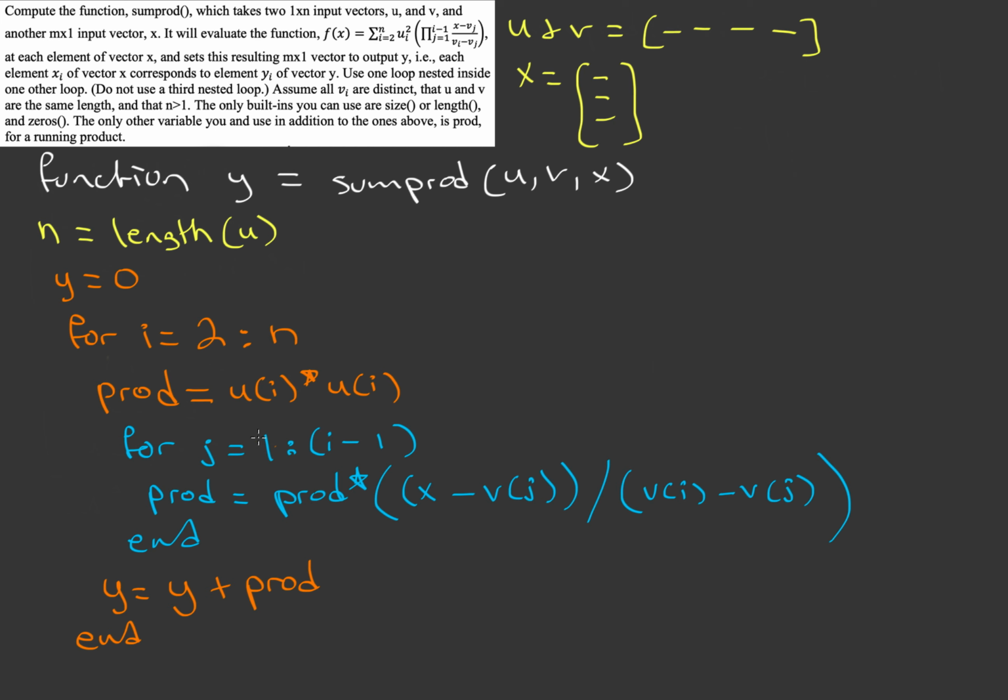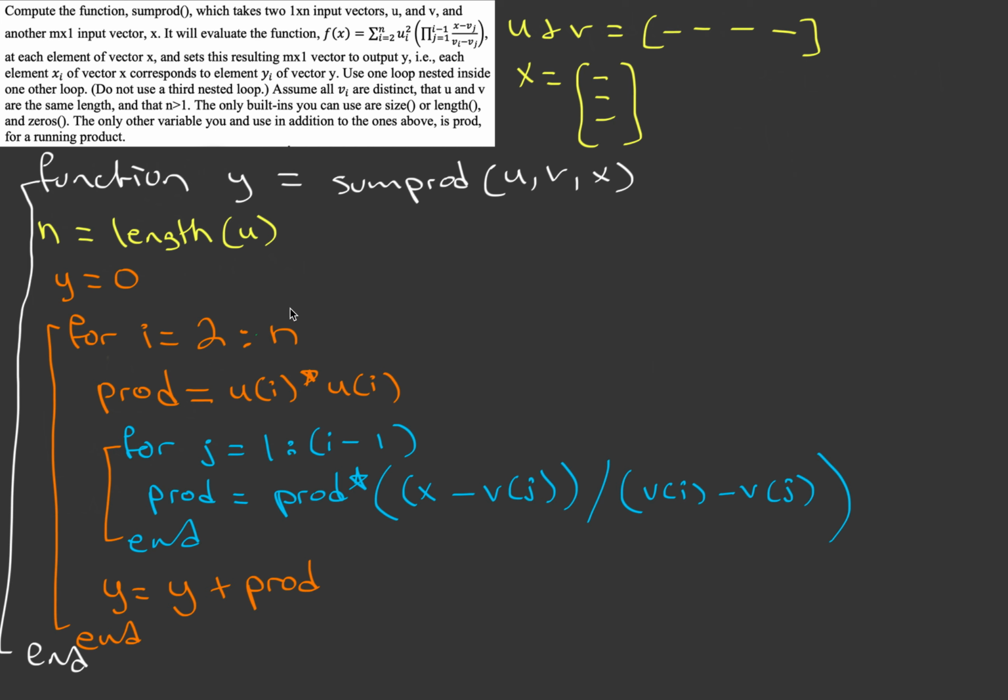And this term product is going to be determined by the element of u that's assigned, multiplied by itself, and then we're going to multiply that by basically this equation right here. We're going to end this for loop, just like this for loop is ended, and then we're going to end our function on the outside.